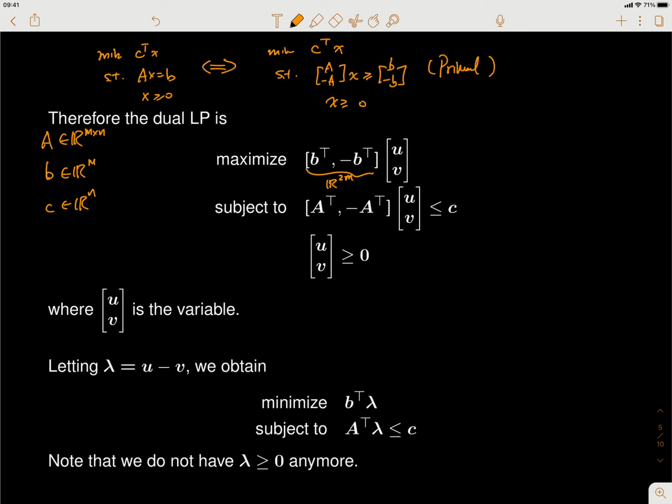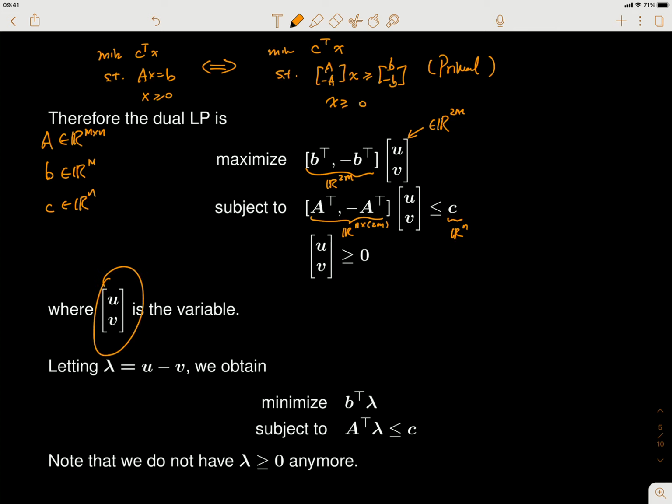And this matrix here should be n by 2m, in R^(n by 2m). And this vector here is in R^2m. Actually u and v are both m-dimensional vectors. The c here, as before, is in R^n. So that's the dimension of these vectors and matrix. Now this is the dual variable.